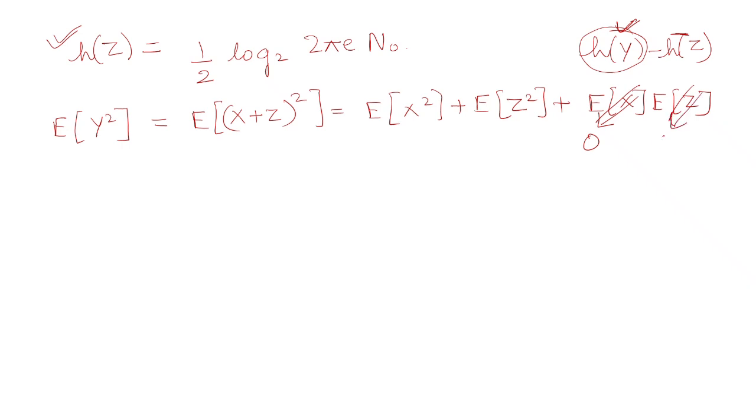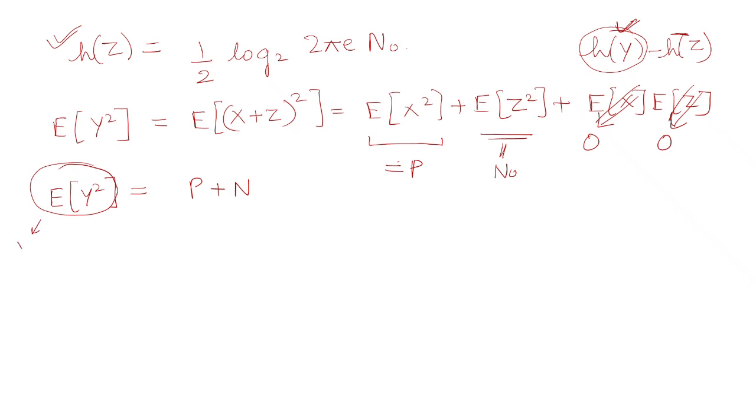This is equal to 0 because the mean of the noise is 0. And what is the power across X square? Let us say it is equal to P, and the noise power is given as N naught. So we can write E of Y square is equal to P plus N, which is the variance of Y.